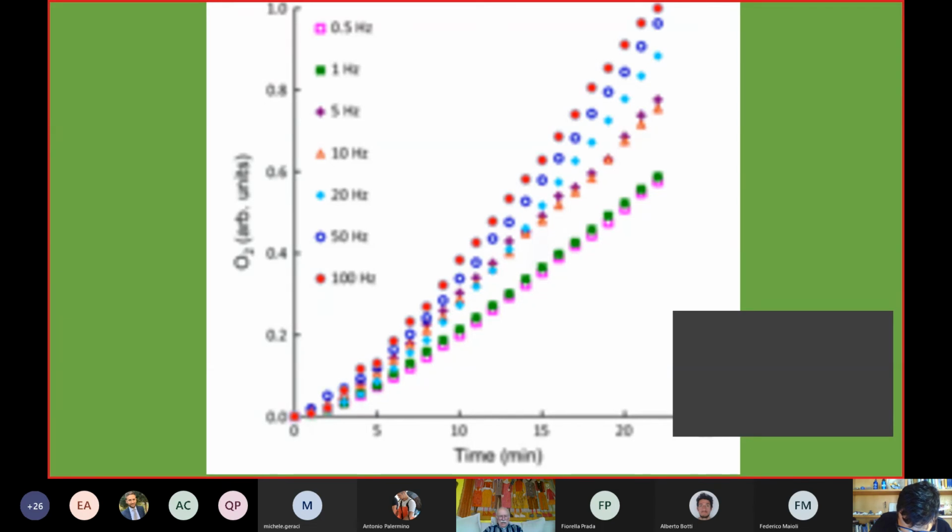Zvi, but the companies that actually have algal mariculture in place in Israel or in other countries, are they aware of this increased productivity with flashing or modulating light? Are they already using this?